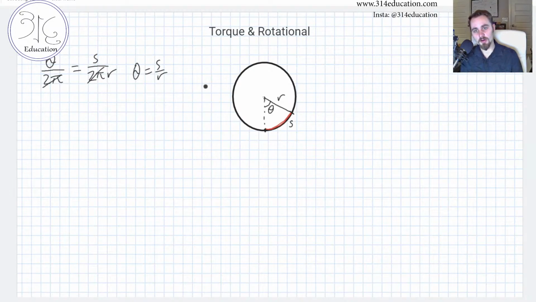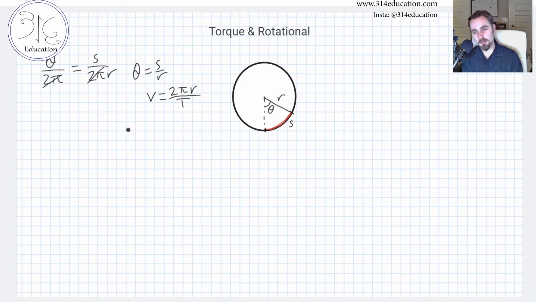Next, we want to think about our velocity as if we have some point moving this distance s in a certain amount of time. And we can think about how we defined velocity before. We previously said that v was going to equal 2 pi r over T, which is going to be our tangential velocity. We travel an entire circumference in one period, that's the capital T. And we want to compare this to an angular velocity.